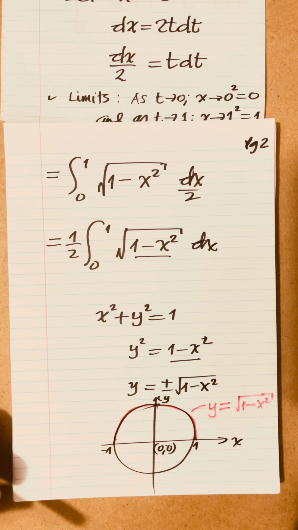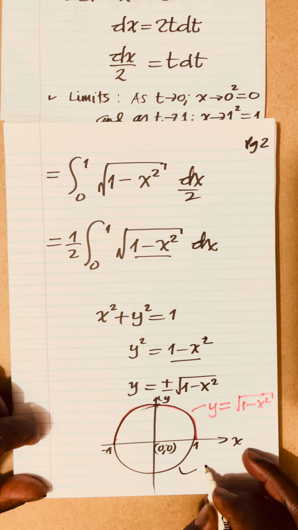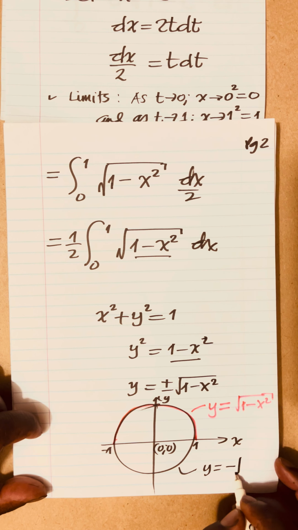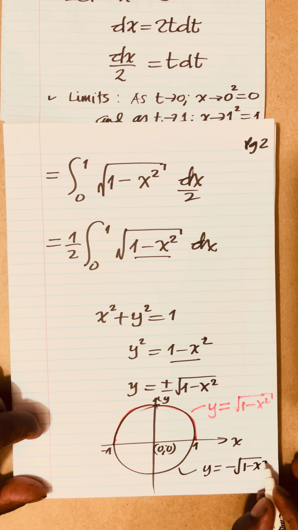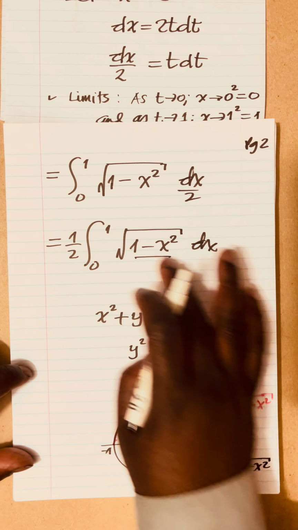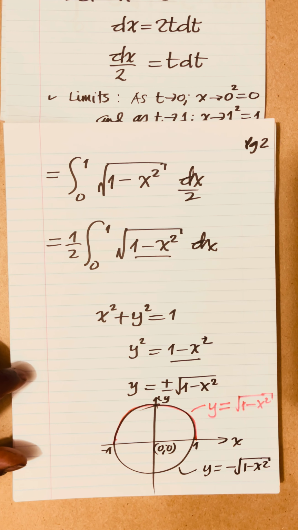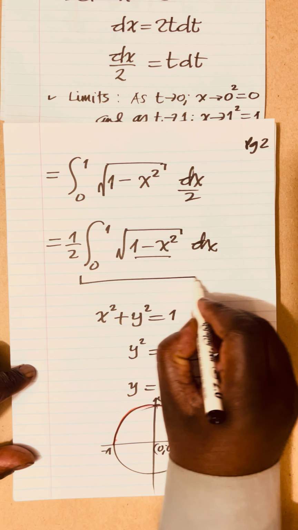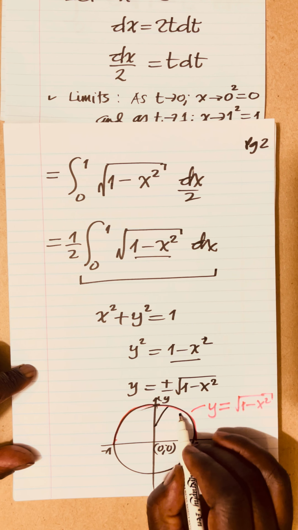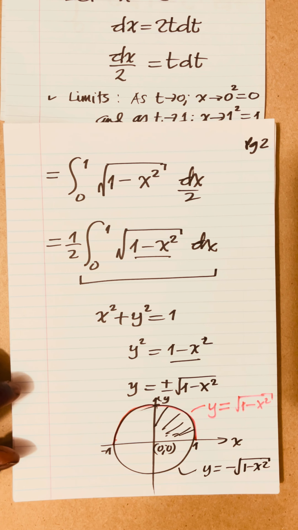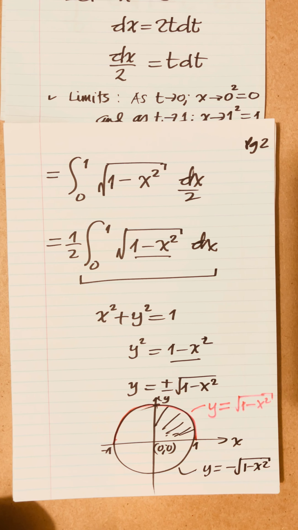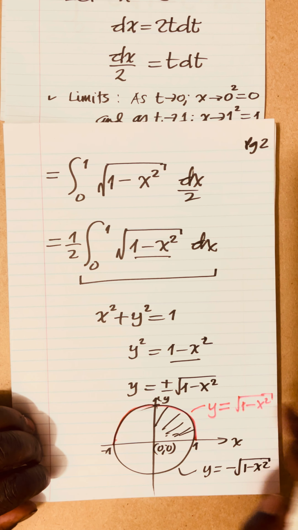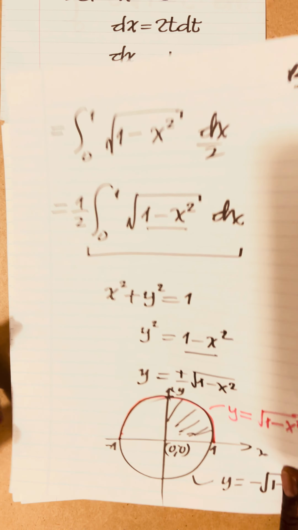So the bottom part here is your y is equal to negative the square root of 1 minus x squared. So therefore, this integral from here up to there is telling us that we're interested in this area here, which is the area of a quarter circle of radius 1. So let's work out the area of this, and then we'll put it here. We're done with our integration.